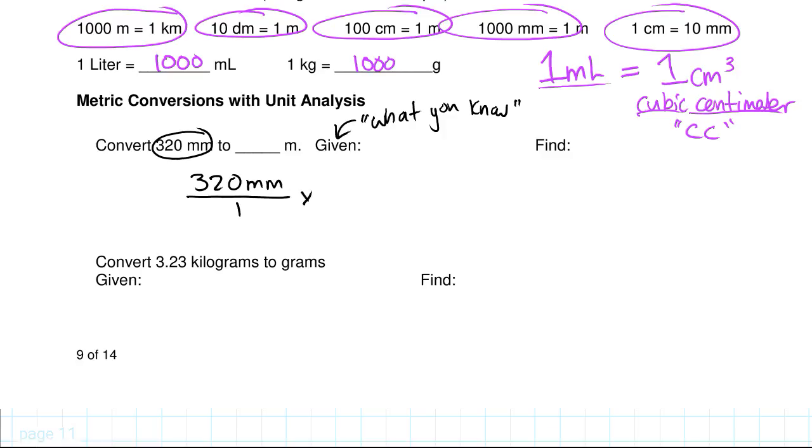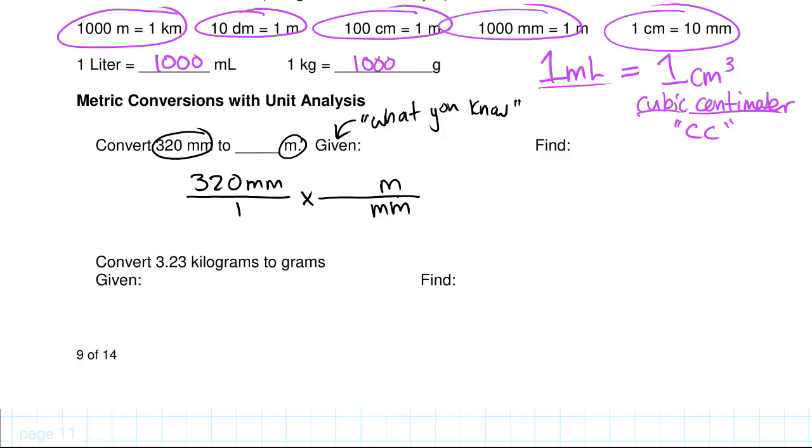And then I'm going to automatically, by habit, draw the multiplication symbol and a bar. And I'm going to pause right here and ask myself, what do I do next? The next thing that I would do is I need to recognize I'm going from millimeters to meters. What is the conversion factor for this? How are these going to be equivalent?